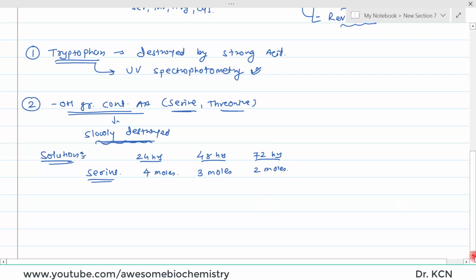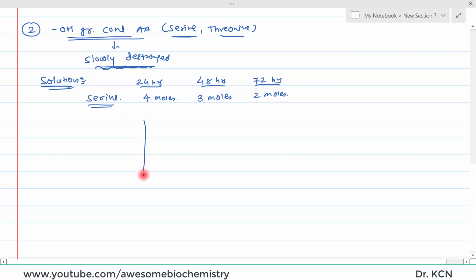So now I can solve this problem by plotting a graph. Here the moles of serine, and here we have the time. This is 24 hours, then 48 hours, and then 72 hours, right? And here we have 1, 2, 3 and 4.